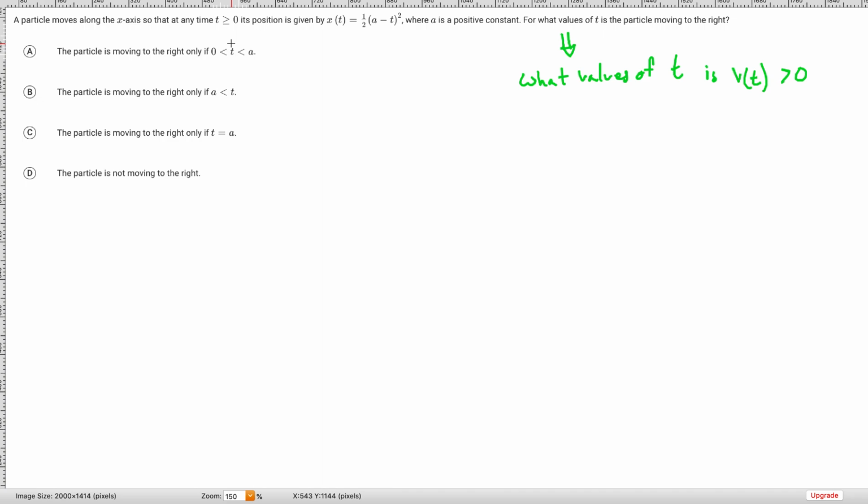Because that's essentially saying these two things imply one another. The particle is moving to the right if the velocity is positive, and the particle is not moving to the right if the velocity is not positive. So the only thing we need to get is we need to find out where the velocity is positive.